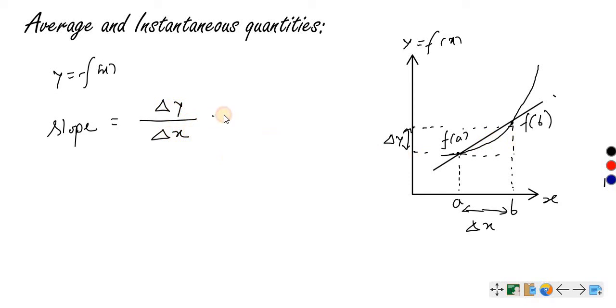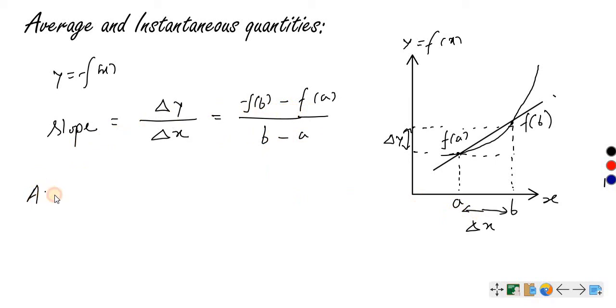This can be further written as follows. The value of del y is simply the difference of the function, f of b minus f of a, and similarly here, the change in x is b minus a. So the slope gives me the average value.